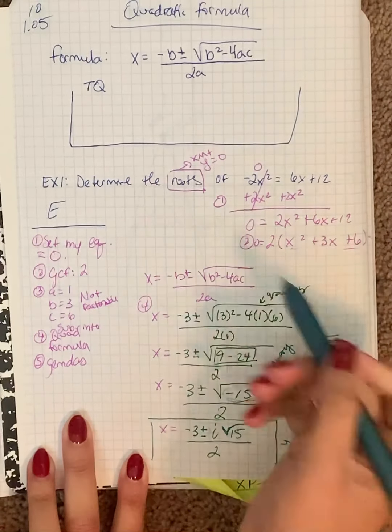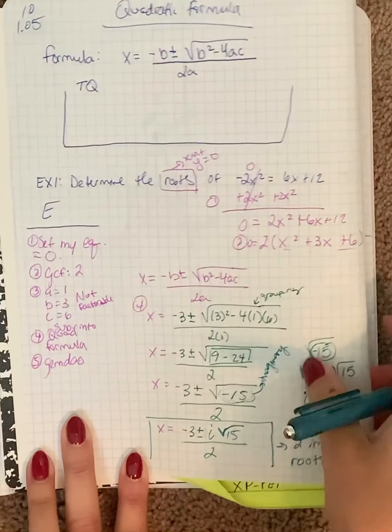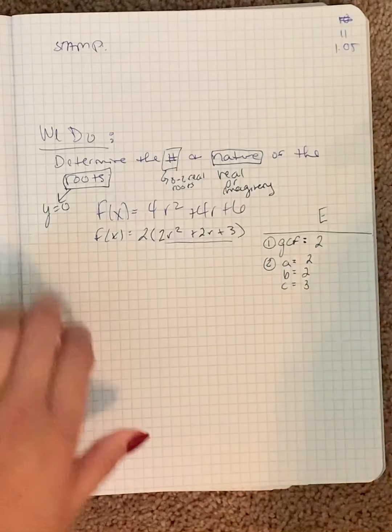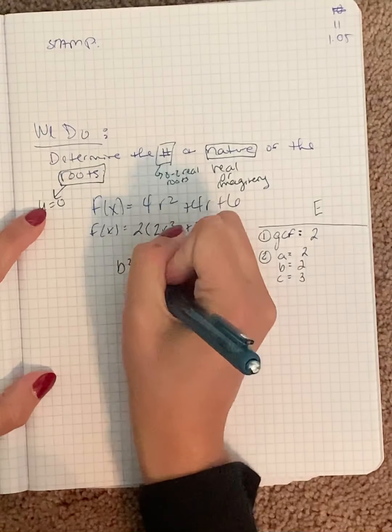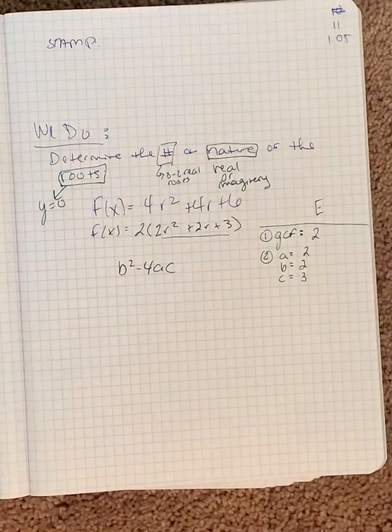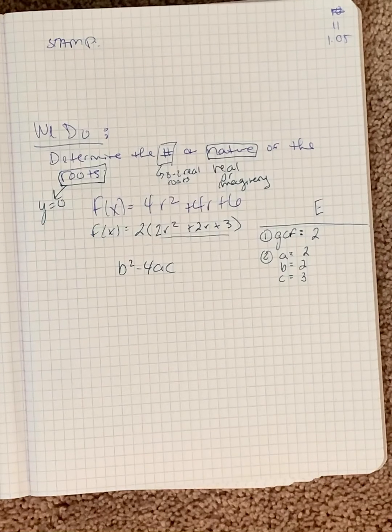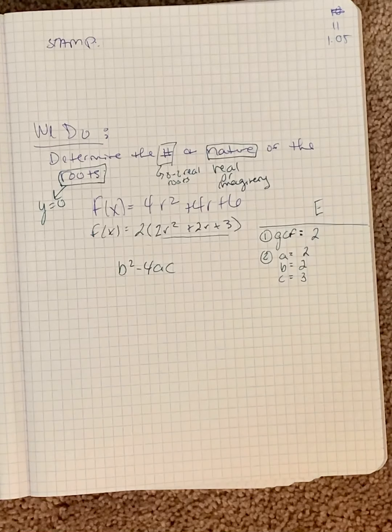What if I only use b squared minus 4ac? That's what's under the radical. If it's positive, I know that I'm going to have real roots. If the number is negative, like in my notes, when it was negative 15 under the radical, I knew it was going to be imaginary roots.